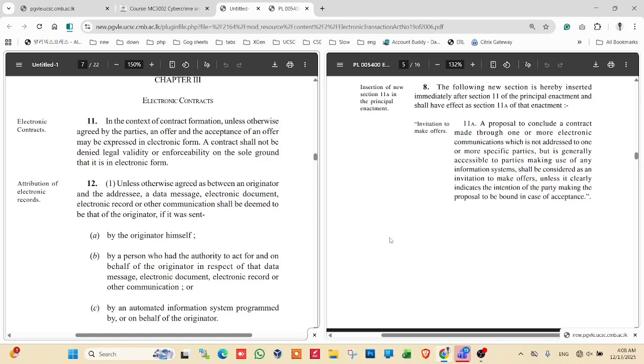The most important thing is this: the guy says, give me 500,000. These are things that you have to look up. Just because I say give me money, there should be an acceptance. The offer has to be accepted, right?